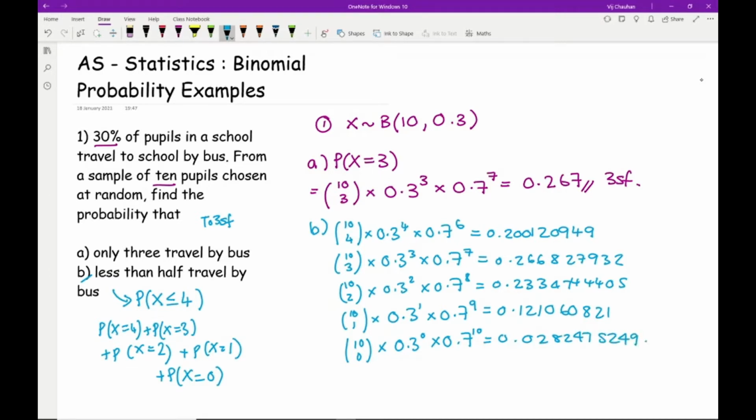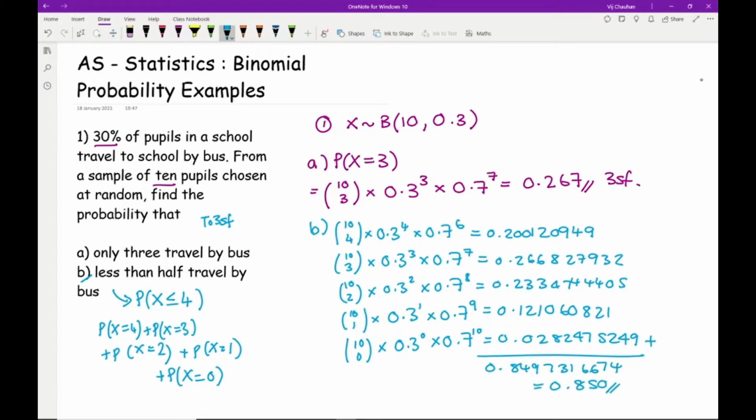Now what I need to do is add up all of those probabilities, and if I add them all up I get the accurate answer, and rounding to 3 sig fig I get 0.850, and there we go.